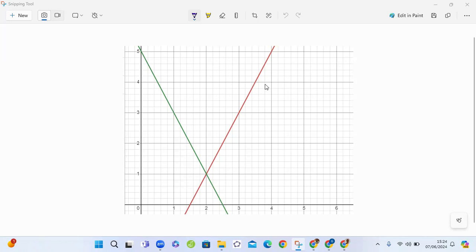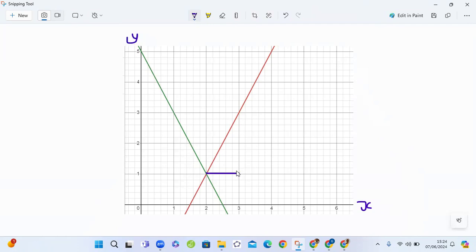So when you look at the red line, let's start right there. Let's increase x by 1. 2 to 3 is a 1 increase of x. Remember, x is on the horizontal axis and y is on the vertical axis.